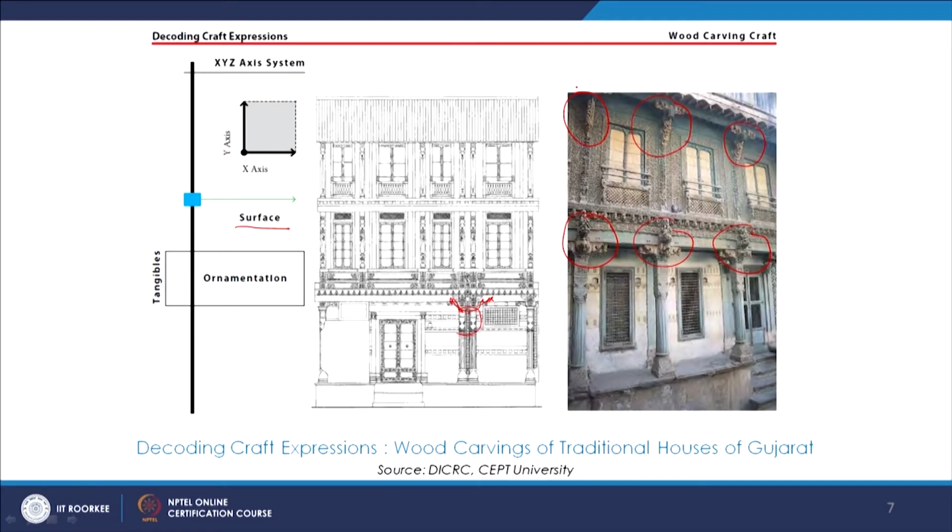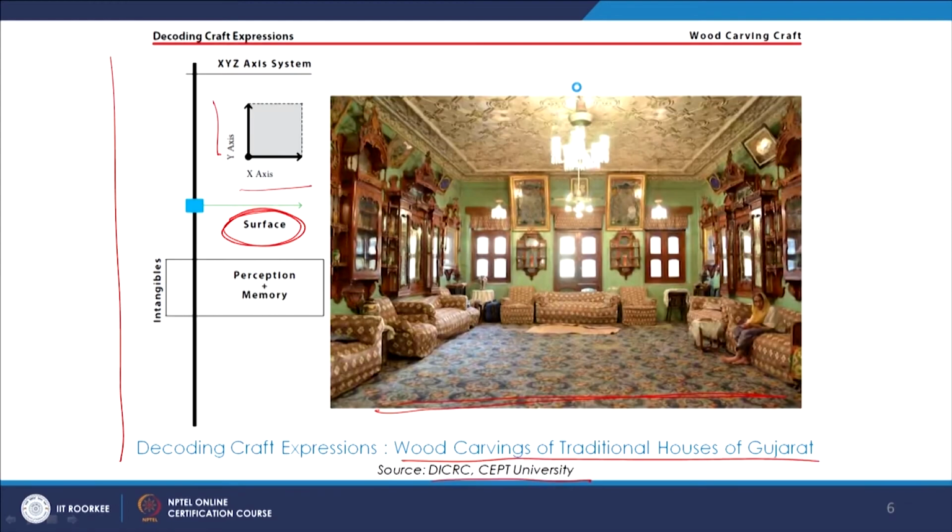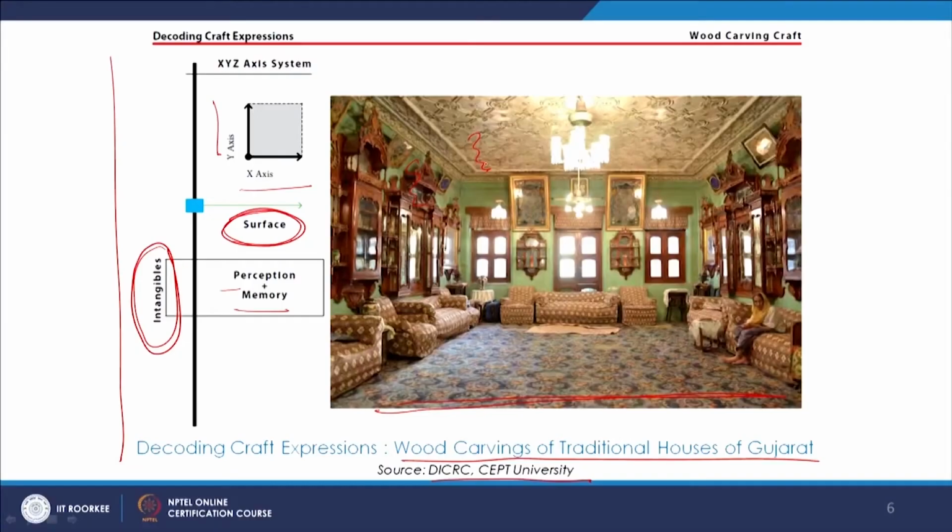In the previous slide, it was again on the surface, but we were trying to understand the intangibles. So how the memory and the perception and the kind of motifs, the kind of meaning, the kind of connotation with the way of life, how all of this gets reflected here through the craft forms and the process of making. So that was the discussion in there.